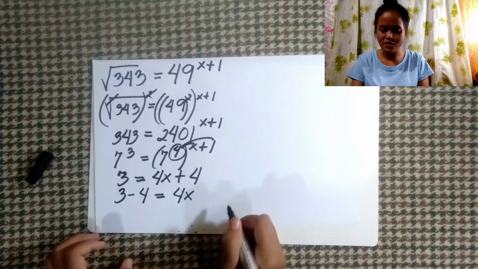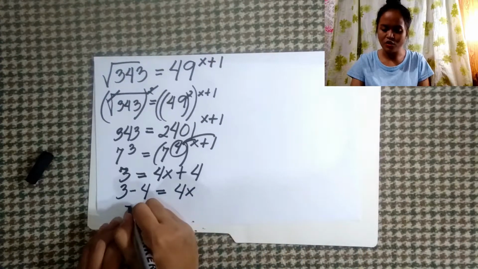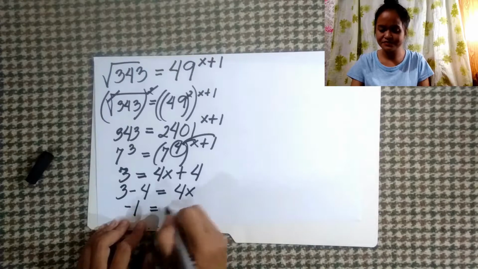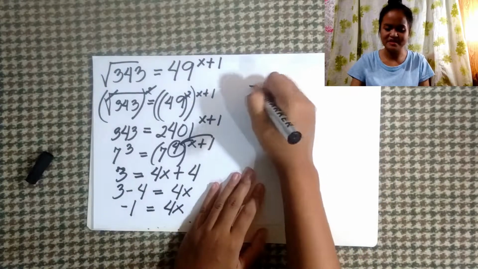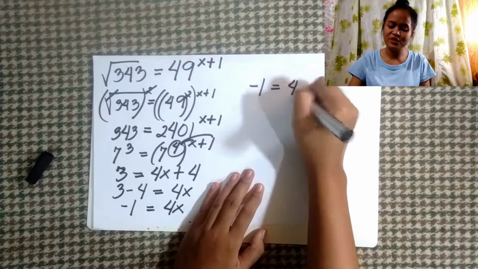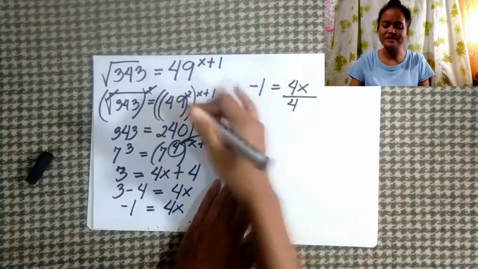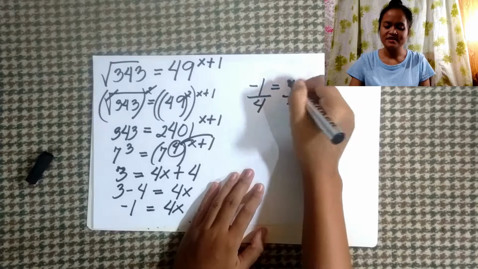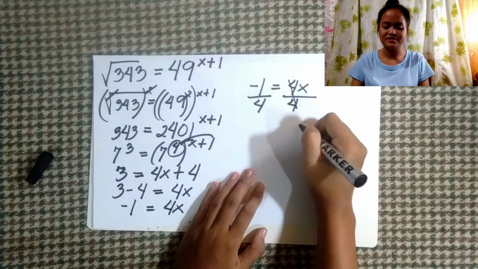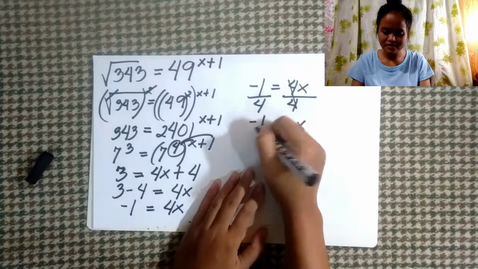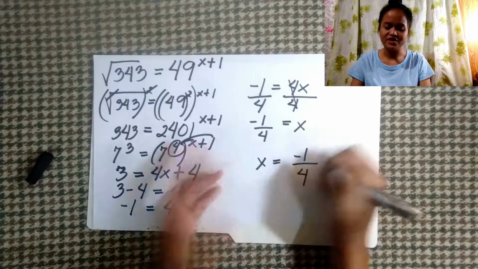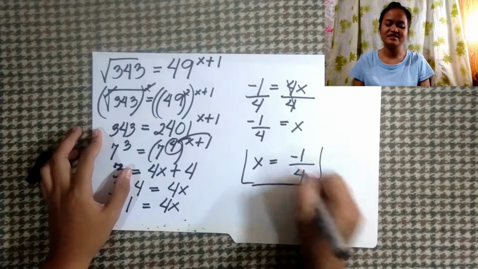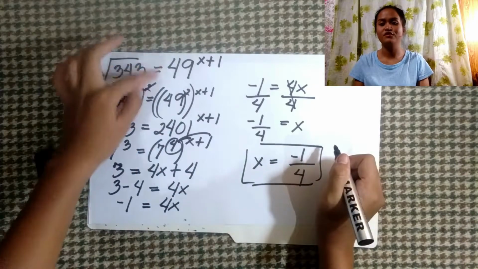So this is equal to negative 1 equals 4x. So let's copy here since there's not enough space down there. So negative 1 equals 4x, divide 4 both sides. So let's cancel 4. So here it is. x is equal to negative 1/4.